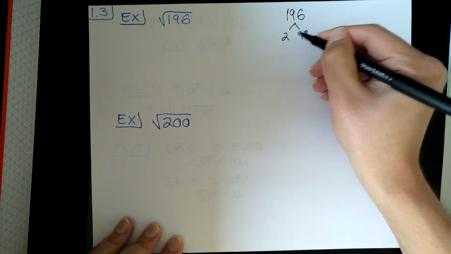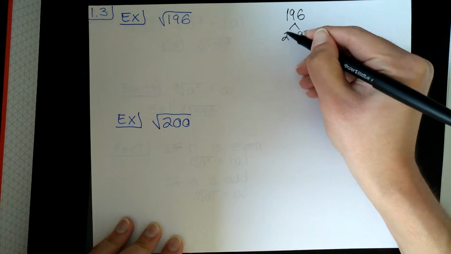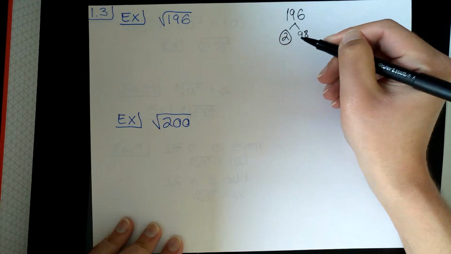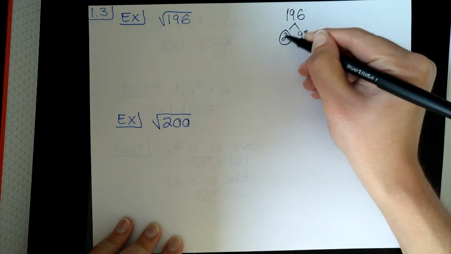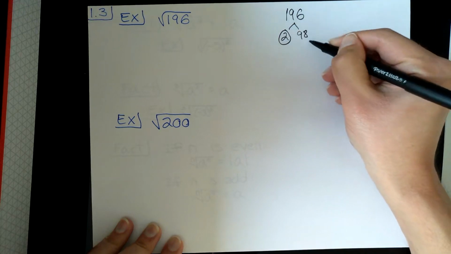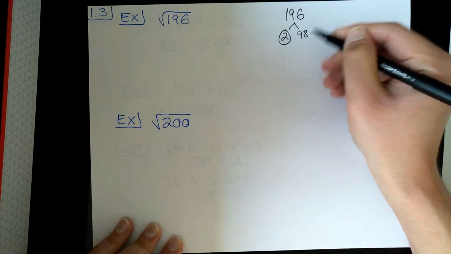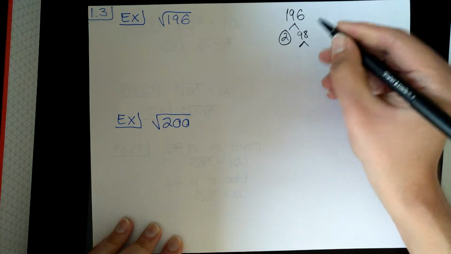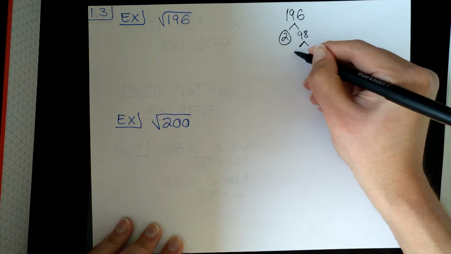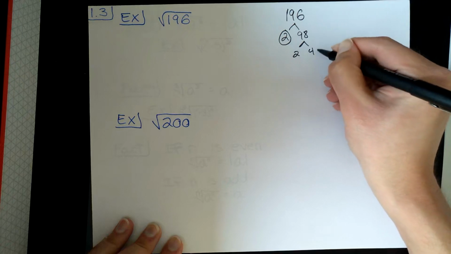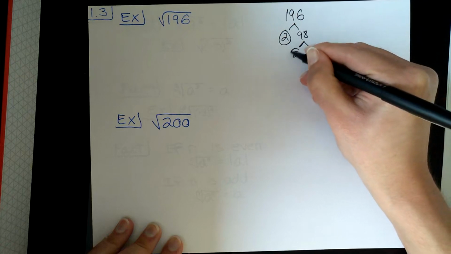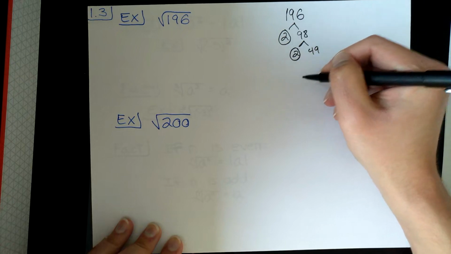When we're doing the factor tree, every time we get a prime number, we're going to circle it, so we know to stop using that branch and continue on with another branch that isn't finished. So 98, for instance, we can break down into 2 and 49, again circling the 2.